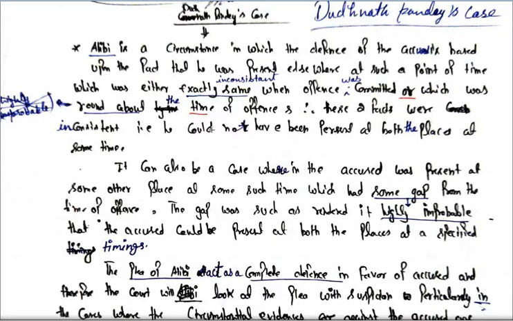That is, he could not have been present at both the places at the same time. इसी को बोलेंगे ना inconsistency. He could not have been present at both the places at the same time.